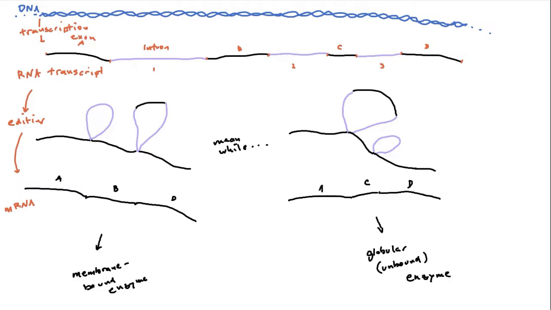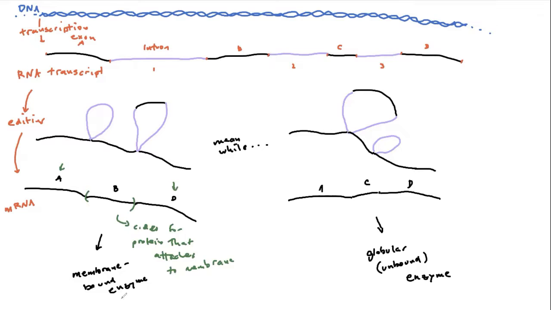Let's envision that B is the region that codes for part of the protein that attaches to the membrane, whereas the parts A and D are the parts that code for the catalytic unit. So in other words, we're able to make two versions of the same enzyme.